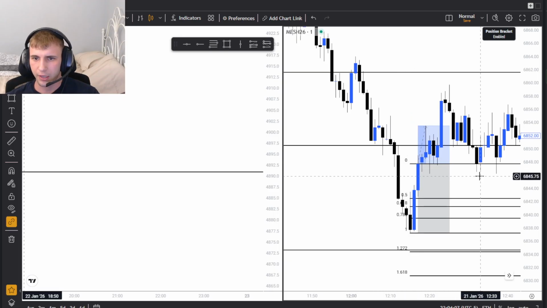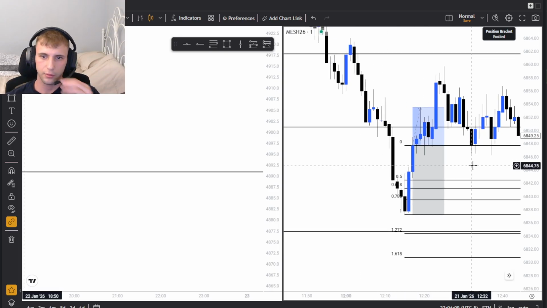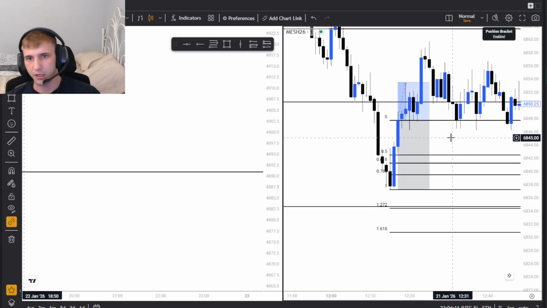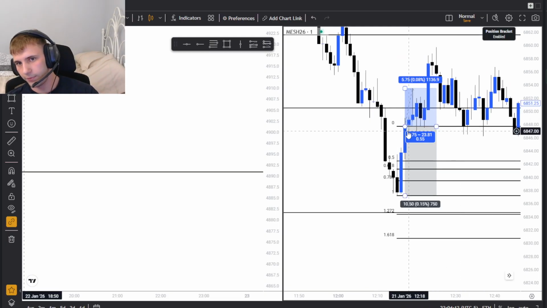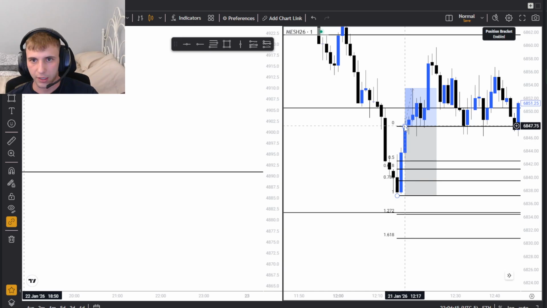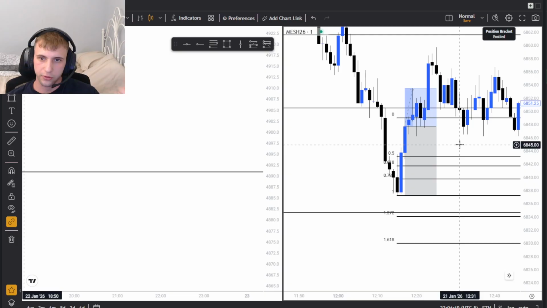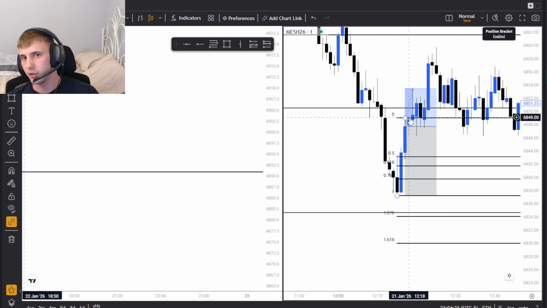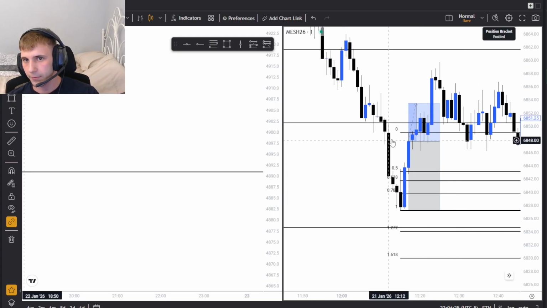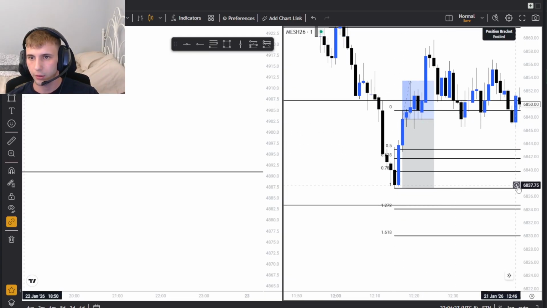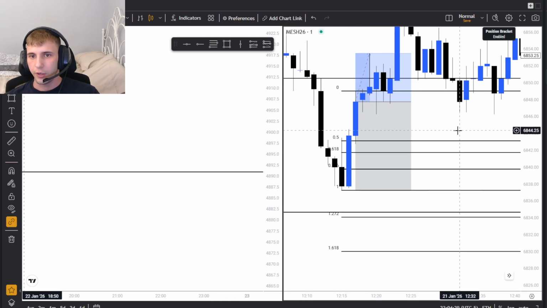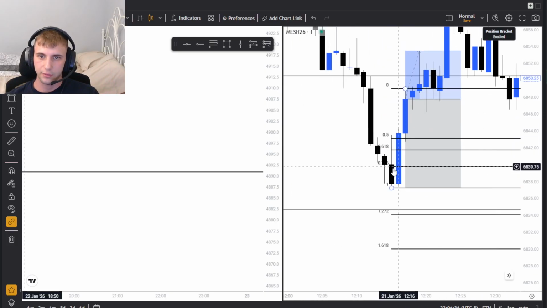Why are we still mapping out the fib level? Well, that is because if this ends up being a high, boom. If this turns out to be a high and price starts reversing, this would be a valid high, okay? And we can see if that happens. Here are our levels. Here's equilibrium.